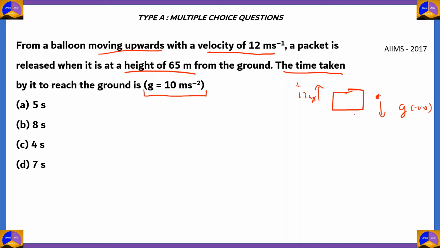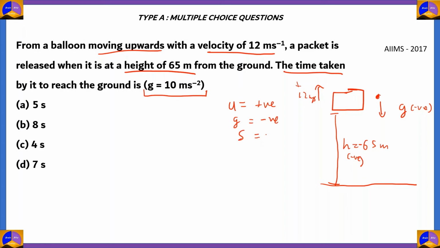So g will be negative, and also the distance that the balloon had already covered, which is h, is equal to 65, will be equal to minus 65 meters, because h will also be negative. The object has to travel negative distance in order to reach the ground, and it also has negative acceleration. The reason why both of these are negative is because we considered the upward direction as positive, so that our velocity becomes positive. So having said that, we know that u is positive, g is negative, also s is negative.